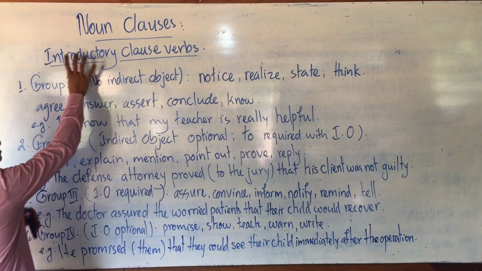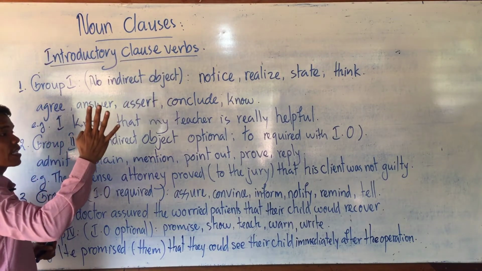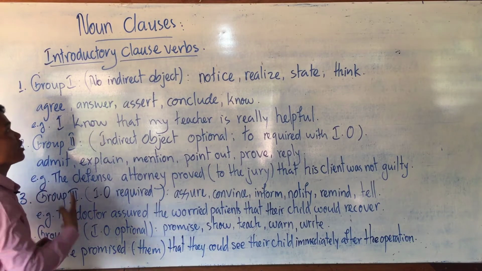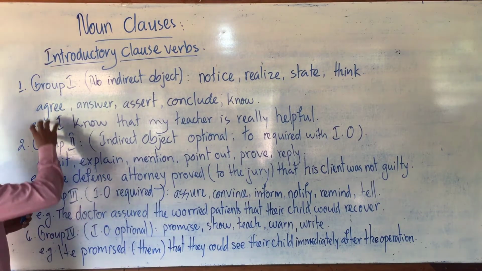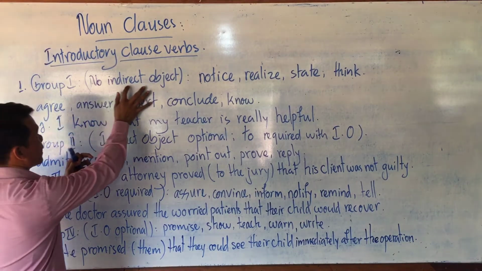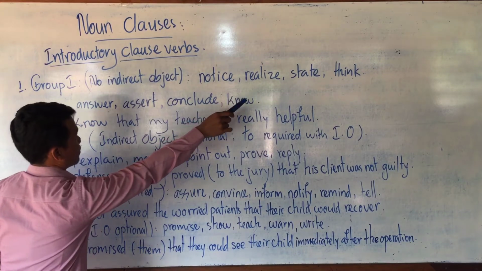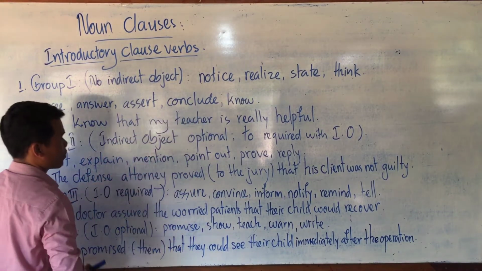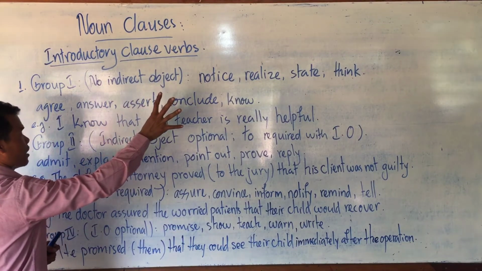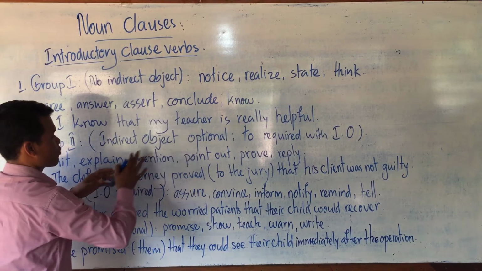Again, introductory clause verbs are divided into 4 groups so that we find it easy to take note of that clauses. Group number 1, no indirect object at all. The verbs are notice, realize, state, think, agree, answer, assert, conclude, and know. No indirect object. Group number 2, indirect object is optional.